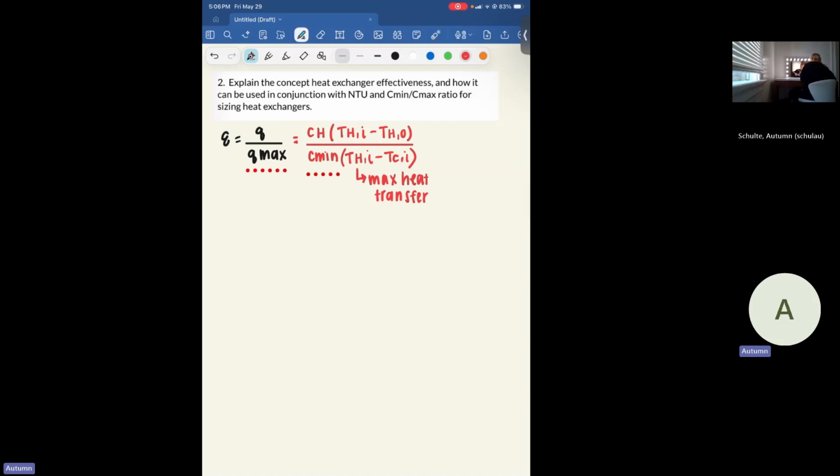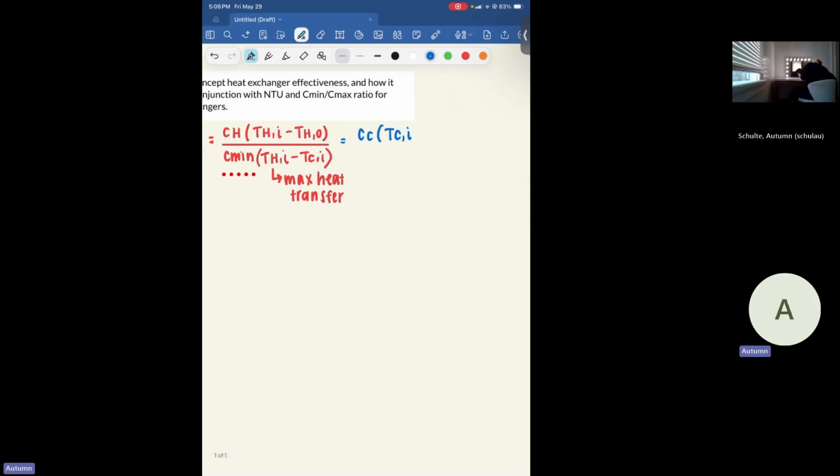Now, if we want to look at heating up a cold stream, it's going to be the same principle. You're going to have your mass flow rate heat capacity of your cold stream multiplied by the temperature of your cold stream going out minus the temperature of your cold stream going in.